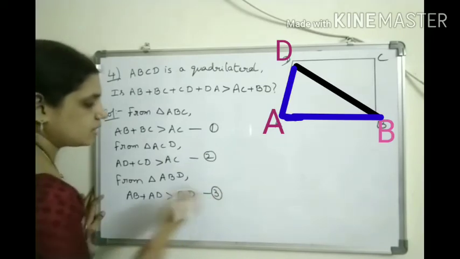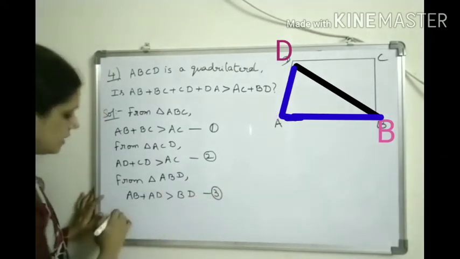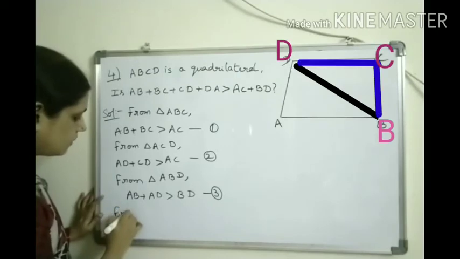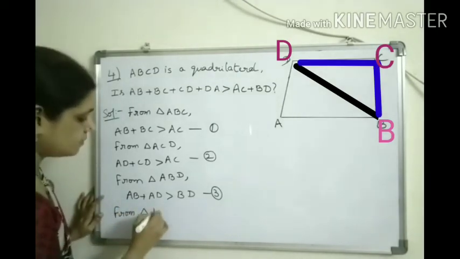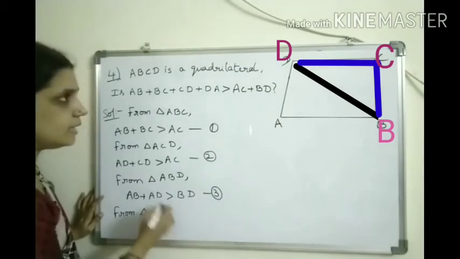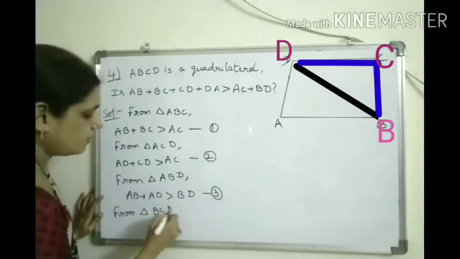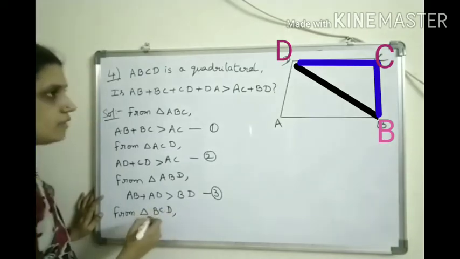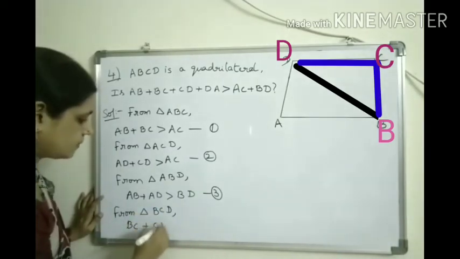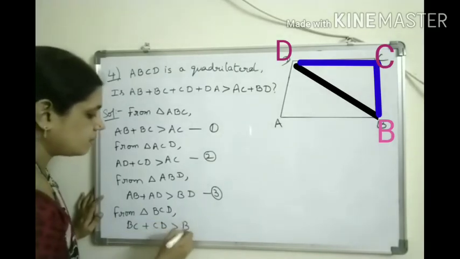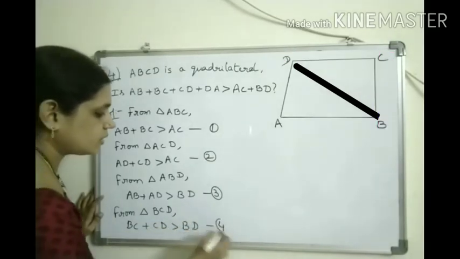That is third one. Now let us write the fourth one. From triangle BCD, what can we write? BC plus CD is greater than BD. This is the fourth inequality.